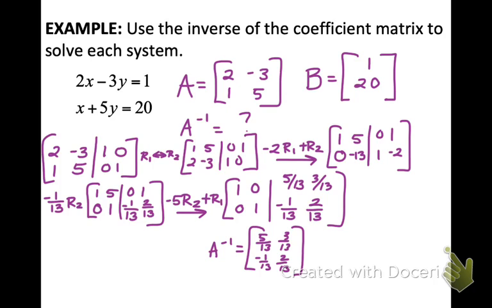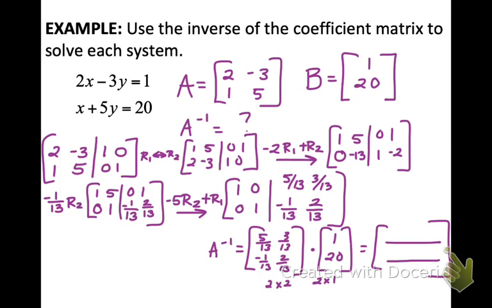Now I'm going to take my inverse and multiply it by my b, which is 1 and 20. So this is a 2 by 2. This is a 2 by 1. So my resulting dimensions will be a 2 by 1. So 2 rows, 1 column.